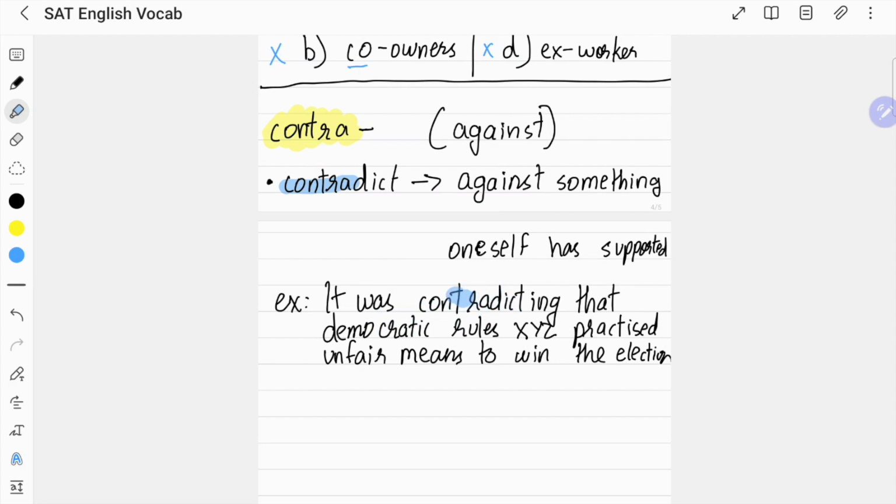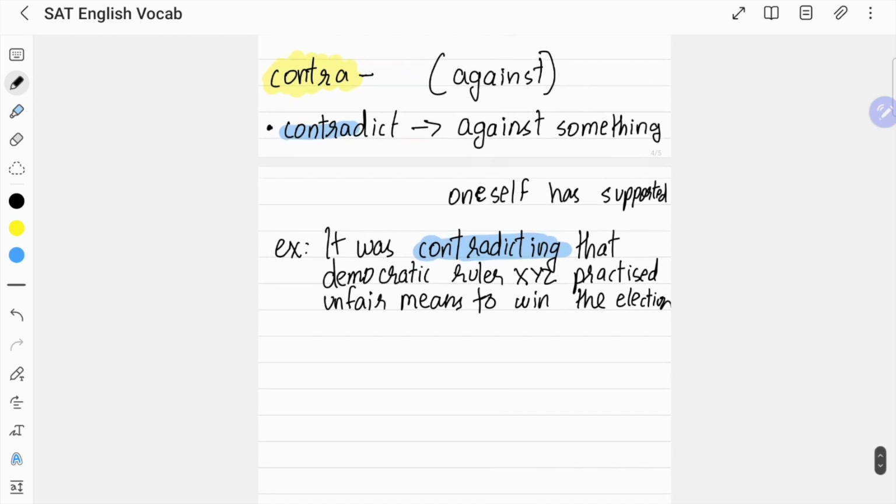Alright, so here the word contradicting is being used. So you see here the sentence is, it was contradicting that the democratic ruler, I wrote rules, ruler XYZ practiced unfair means to win the election. So here you would assume a democratic ruler to use the power of votes in an election by doing whatever oneself wants to do, which is under the law, to win an election.